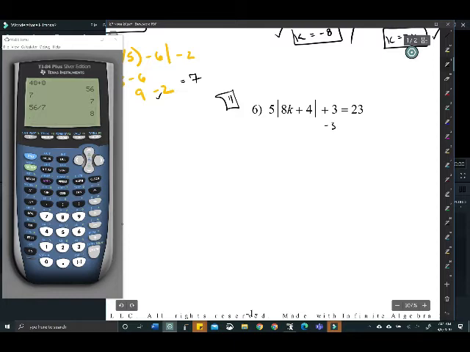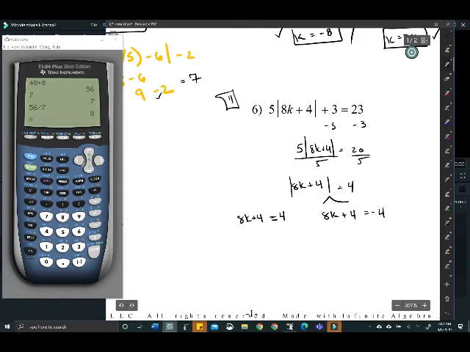I'm just going to start by adding negative 3. Divide by 5. Chop it up. 2 problems. 8k plus 4 is equal to 4. And 8k plus 4 equal to negative 4.